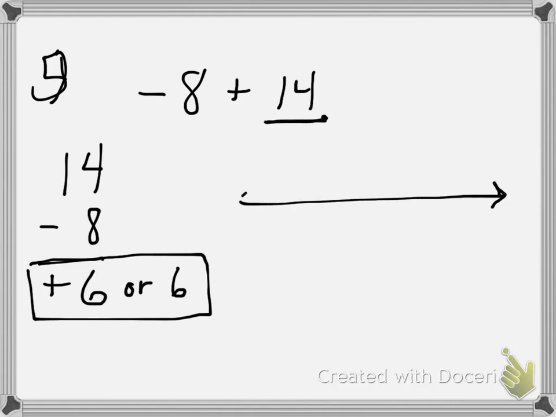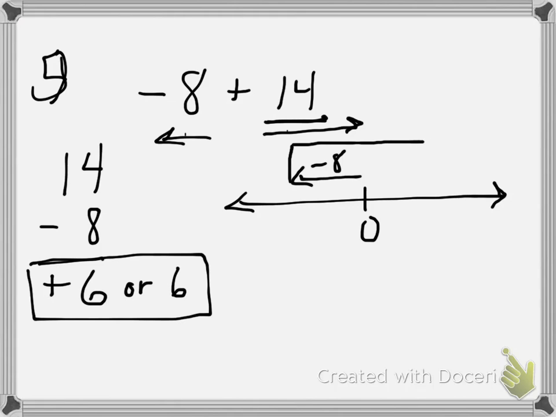We can also use a number line. Start at 0. First we do -8. Negative numbers go backwards, so we go backwards 8 places, and then we're going to then go positive 14, so we're going to go right 14 places. Since we're going 14 places right, we pass the 0, so we're now on the positive side of the number line.